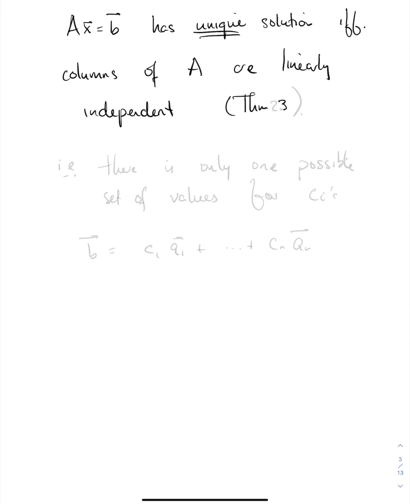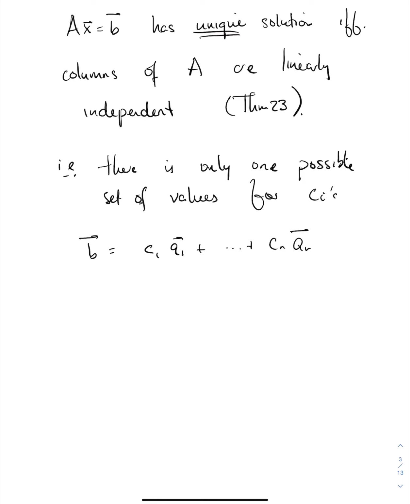This is coming from theorem 23, where we know that A being non-singular is equivalent to the columns being linearly independent, i.e., there is only one possible set of values for the ci's when b is going to be expressed as a linear combination of the columns of A.